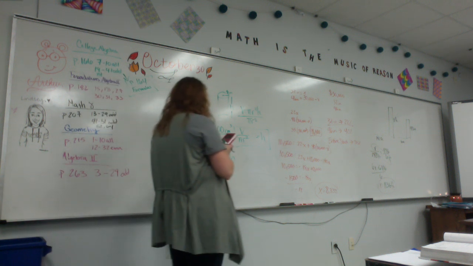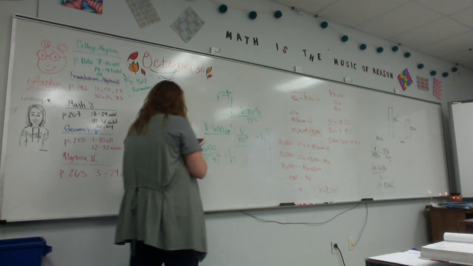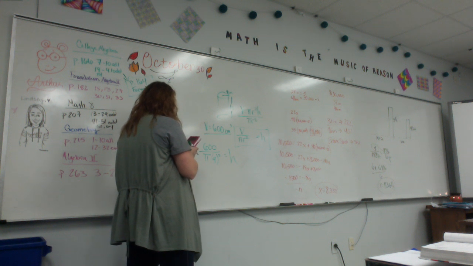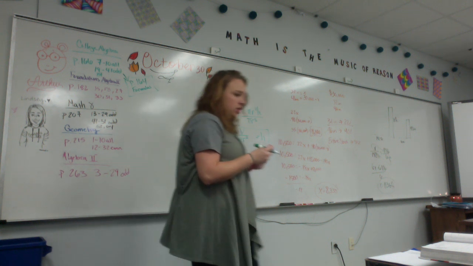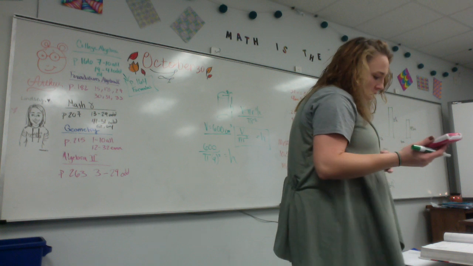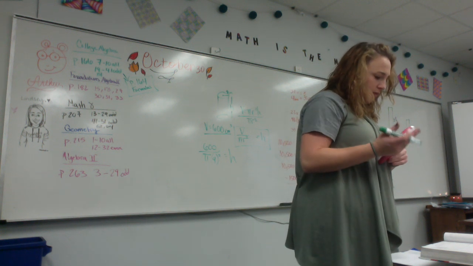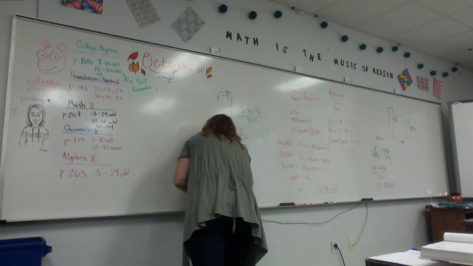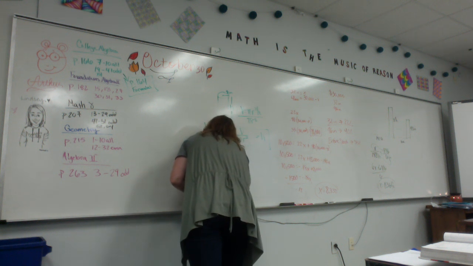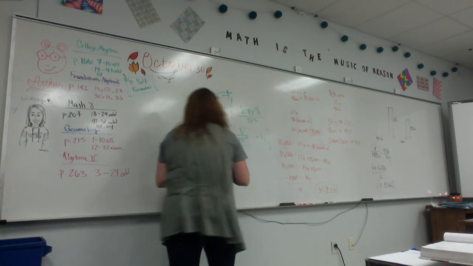So 600 divided by pi times 4 squared, and you should get a height of about 11.94 centimeters.